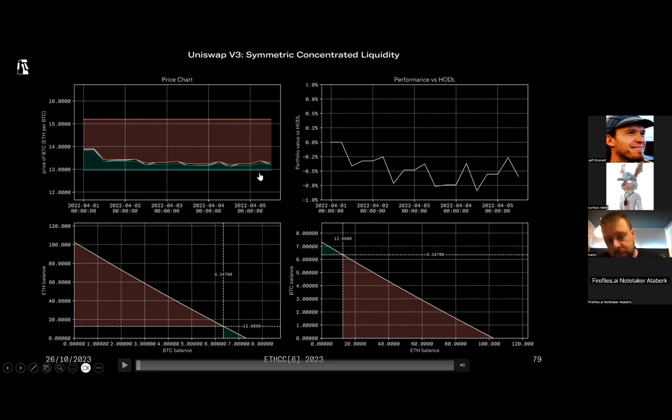The bottom of this green range is, let's call that P_A or P_B, depending on which one of these assets you're using as numeraire. And then the other one would be P_A or P_B, whichever the opposite is. What you will also see, and this is something that I really wanted to address in these lectures but we never actually got to, is that there is this gap between the green band and the red band.